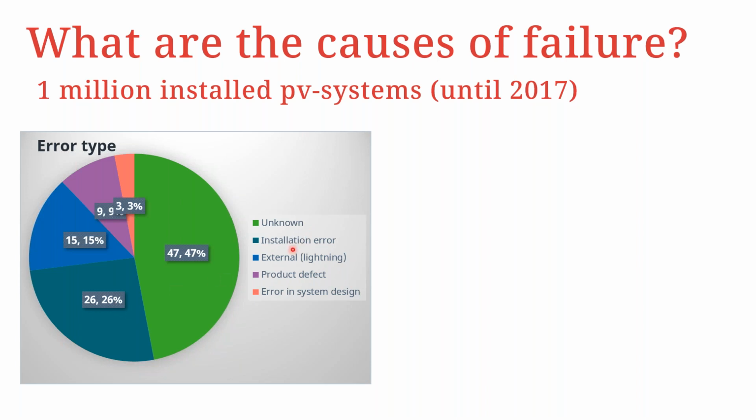Then things like electric or lightning strikes were also a significant cause of failure, about 15%. Product defects accounted for 9%, and errors in system design accounted for about 3%.